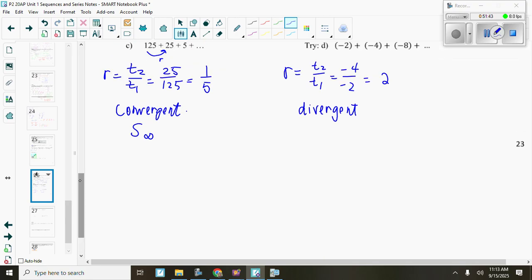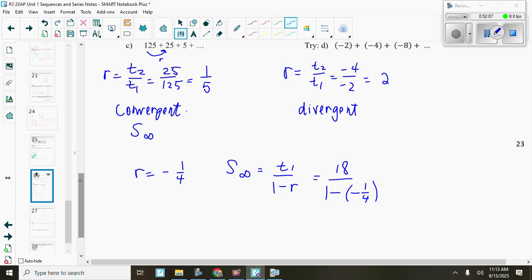Say, for example, like the question that you just asked, our common ratio was negative 1/4. When we use our new formula, T1 over 1 minus R, don't forget when you sub that in, whatever your T1 is, let's say it was 18, 1 minus negative.